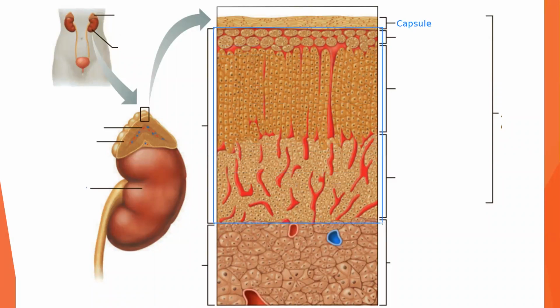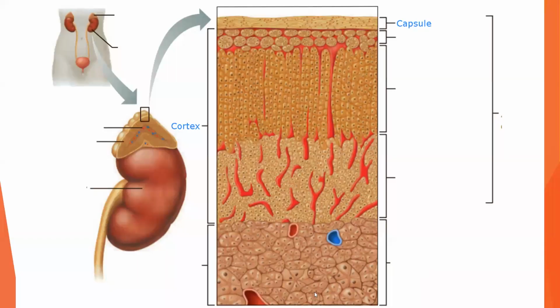Can somebody from the group identify what section of the adrenal gland is being pointed out in this area? Okay, so what section is this area here? Very good. That will be your adrenal cortex.